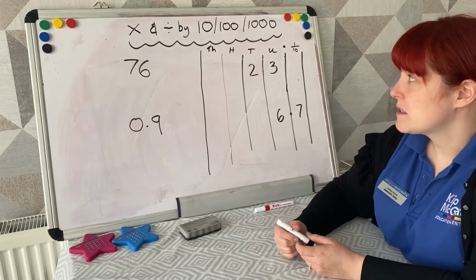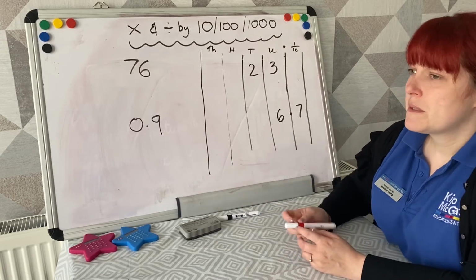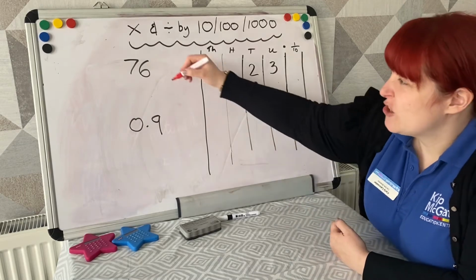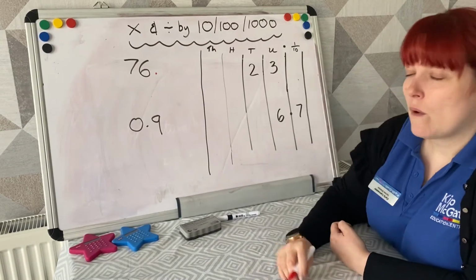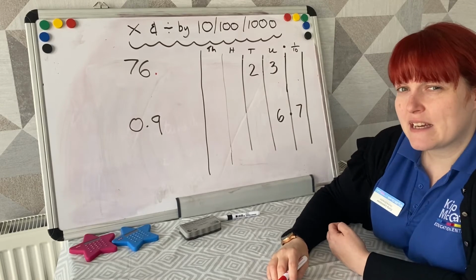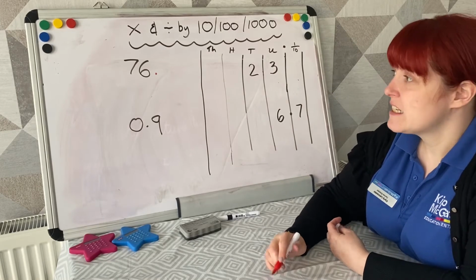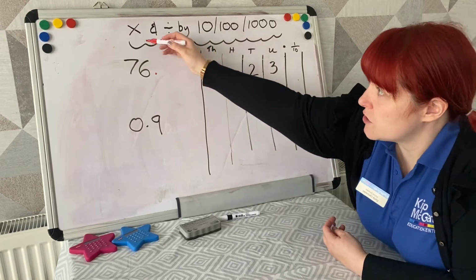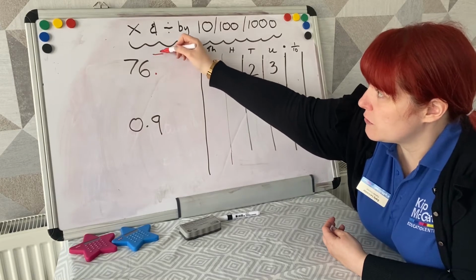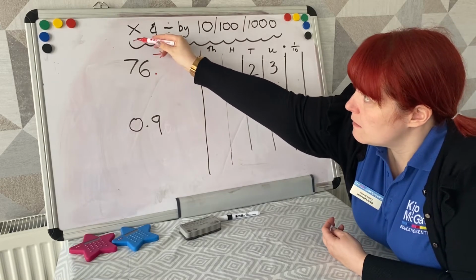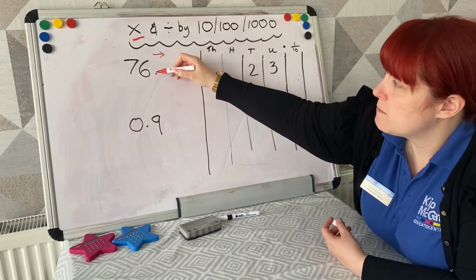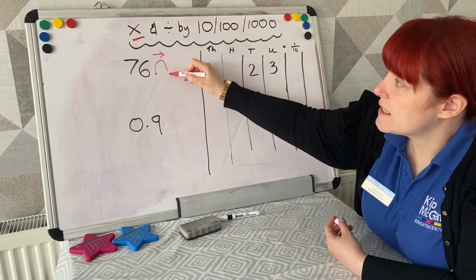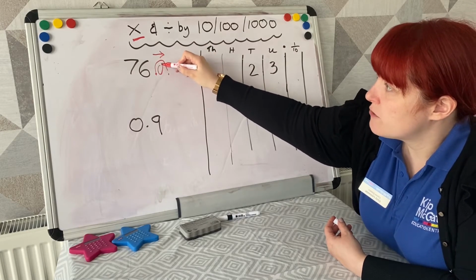Okay, so this side over here, if we were to times by 10, what we'd be saying is the decimal point is currently invisible and it's here. When we're timesing by 10, everything's getting bigger. So to make things bigger using this method, we're going to go this way. So we're going to move our decimal point one place this way and pop in a 0.